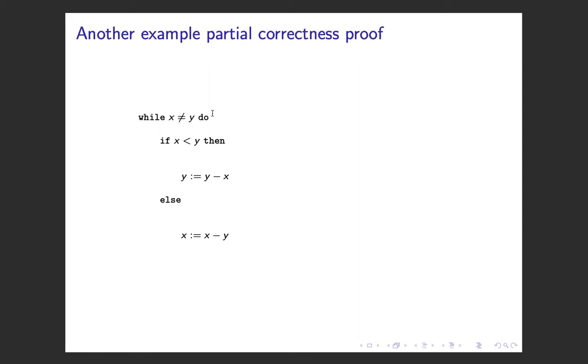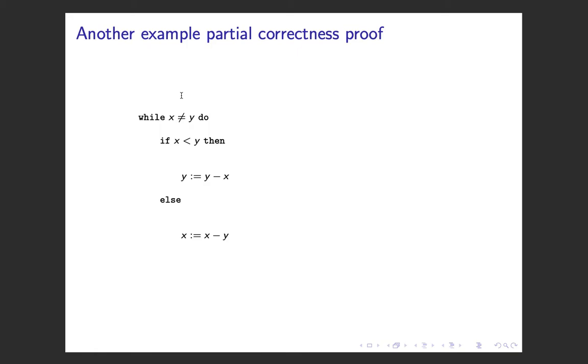What we want to prove is that this algorithm indeed calculates the greatest common divisor. So we need to find an appropriate precondition and postcondition. Our precondition is that x and y are both greater than 0.